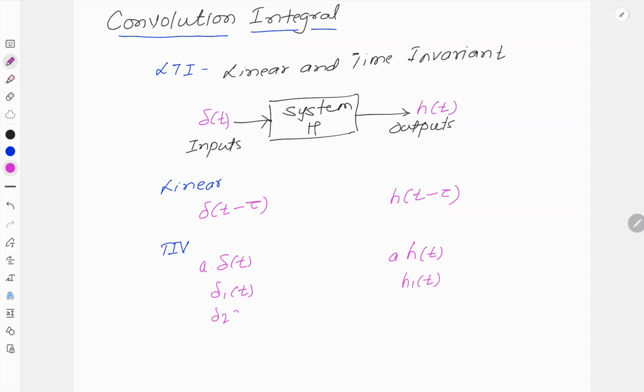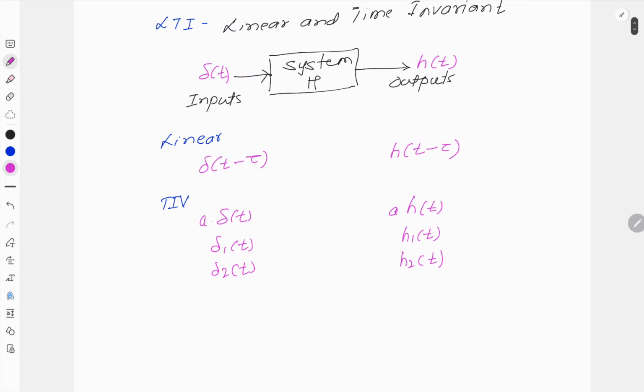If I apply delta 2 at input, I will get h2 of t at output. And now, if I apply both the signals simultaneously as delta 1 of t plus delta 2 of t, I should get the output of the system as h1 of t plus h2 of t. It is because of the property of time invariance.